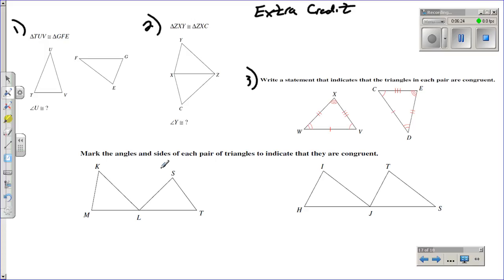And for 4 and 5, you're going to have to draw these two figures and then mark and show which angles are congruent to which angles. Show your work, draw these, show your work. These you can just write the letter.